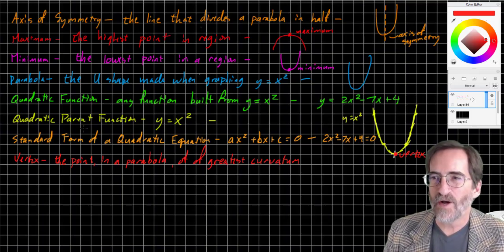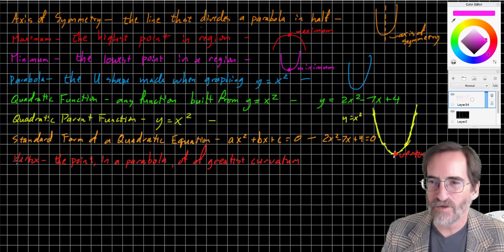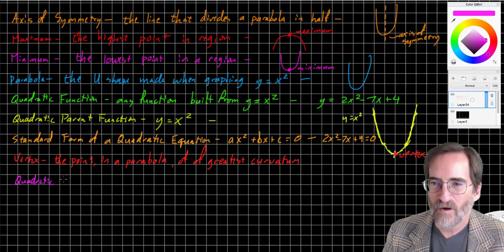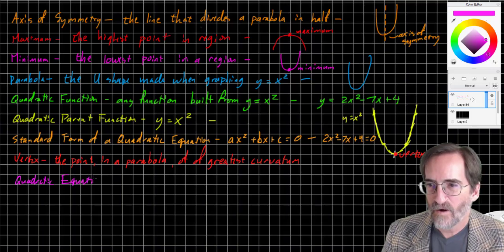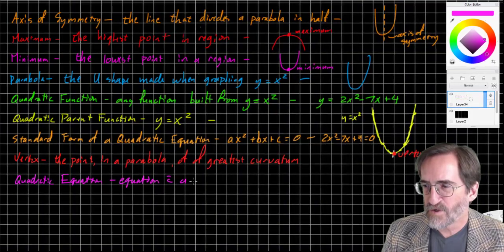One is quadratic equation as opposed to quadratic function. It's an equation with a quadratic function on one side.